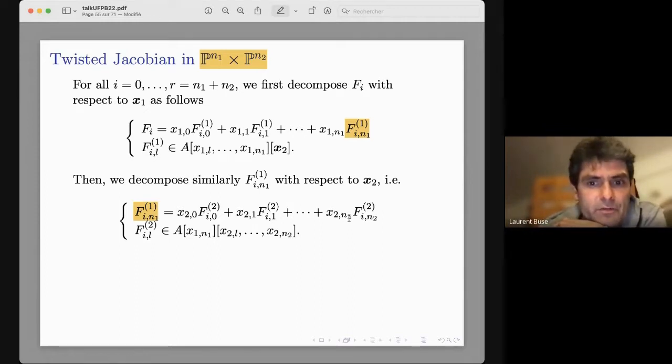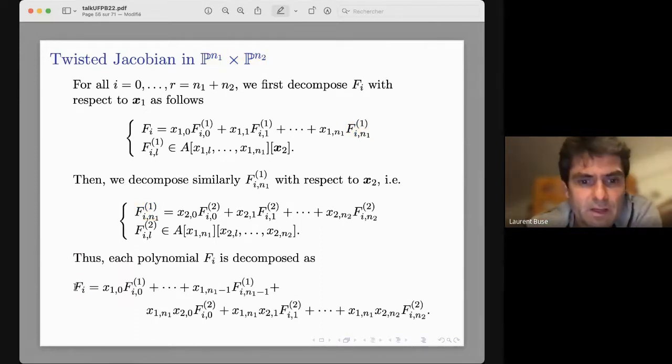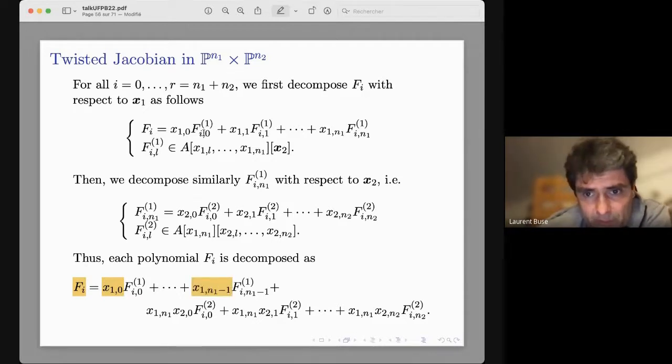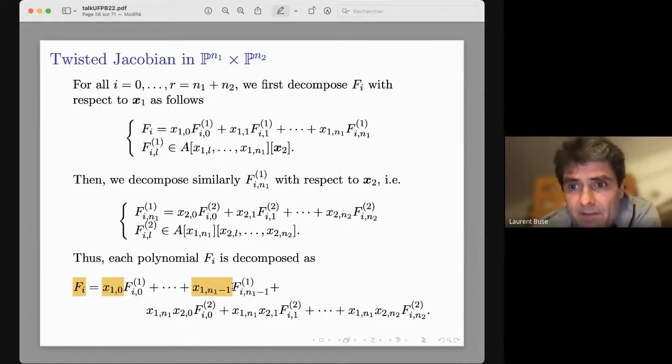What you get in the end, if you summarize, is that you have decomposed Fi, your polynomial, first with respect to x1,0 up to x1,n1 minus 1. So this is the first part, where you stop right before this component. And then you have a decomposition of this Fi,n1 that you put here.